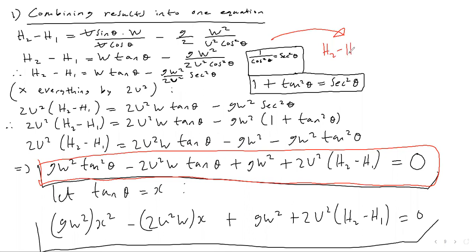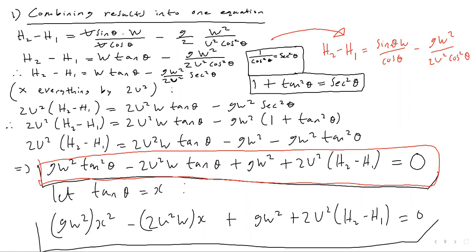You could say h2 take away h1 is equal to sine theta W over cos theta, I'm just copying out this top bit here, and then take away g W squared over 2u squared cos squared theta.